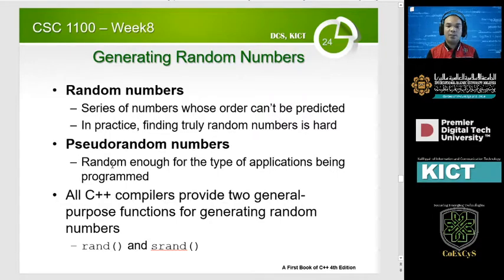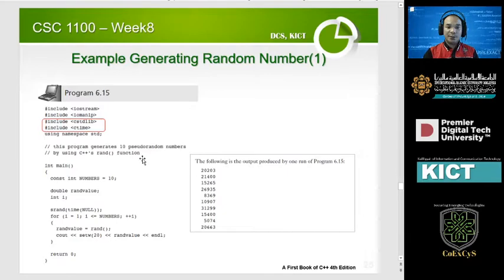All C++ compilers provide two general purpose functions for generating random numbers. One is called rand, and the other is called srand. If we look into this program here, whenever you want to use random numbers, you basically need these two libraries, the C standard library and the C time library. Include these two in your program, and then you can use the functions rand or srand here.